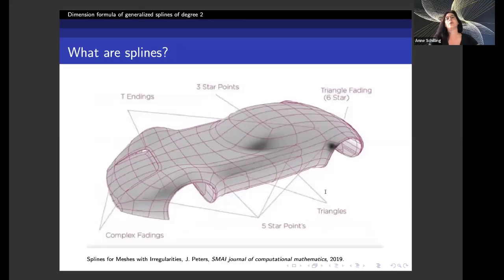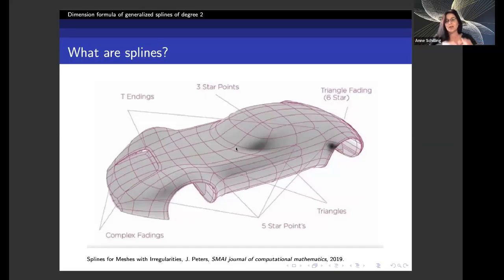And I mentioned before that this definition of splines that I just gave you is, in some sense, actually dual to what people usually call splines. If you look on Wikipedia, for example, splines are used in approximation theory. Here, for example, we have the surface of a car, and what people would like to do is approximate the surface by polynomial surfaces, or surfaces specified by polynomials, in such a way that they piece together nicely.